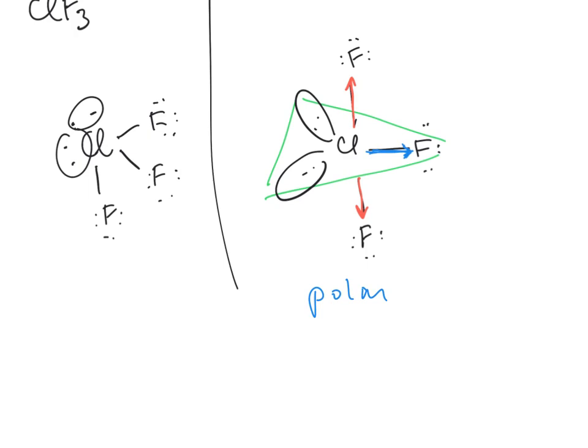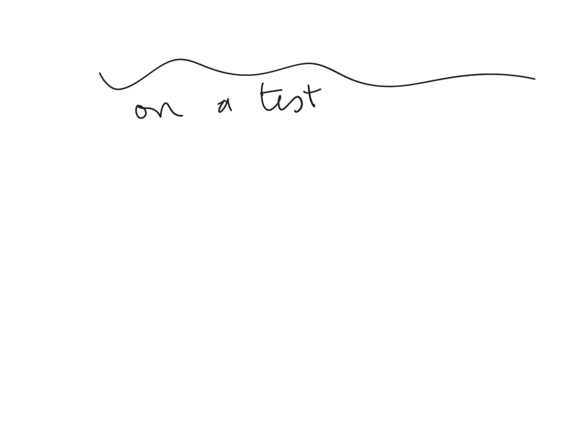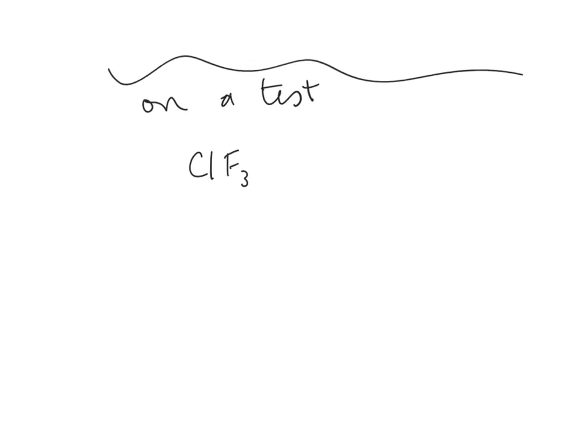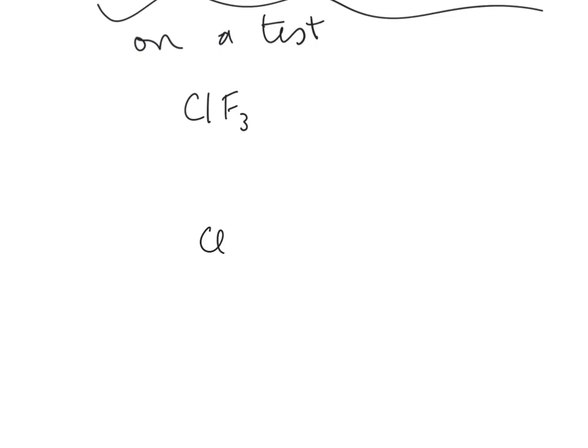All right, let's see. Another comment to make here is sometimes students on a test will see that's one that we just did, ClF3. It might be easy to just look at that and say, well, okay, 3 bonds, it's got to be trigonal planar.